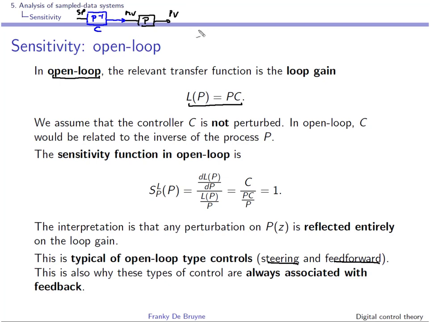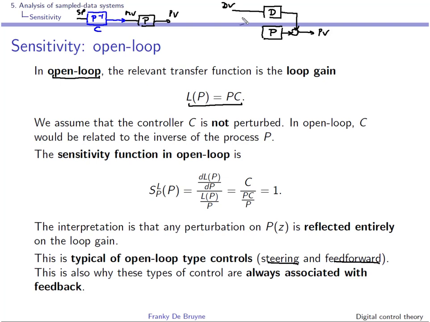Another thing that you can do, and it's the same idea, is feed forward. Assume that you have a process over here and you have a disturbance acting on the output. So this is PV, and assume that this disturbance here is measured.